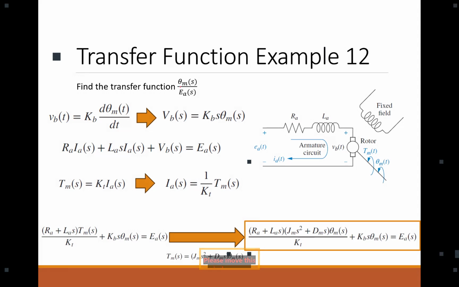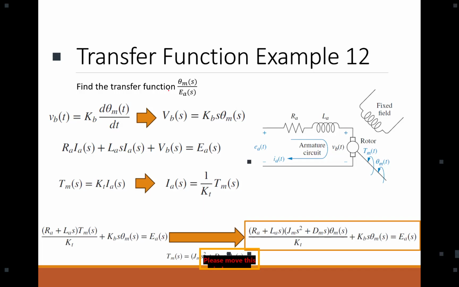So it's a simple example. Now let's find out. This is a motor, a DC motor. You should learn that in energy conversion. I don't know if you have passed that yet. Energy conversion will teach you how to model a DC motor, so search on that. This is the equivalent circuit of a DC motor.